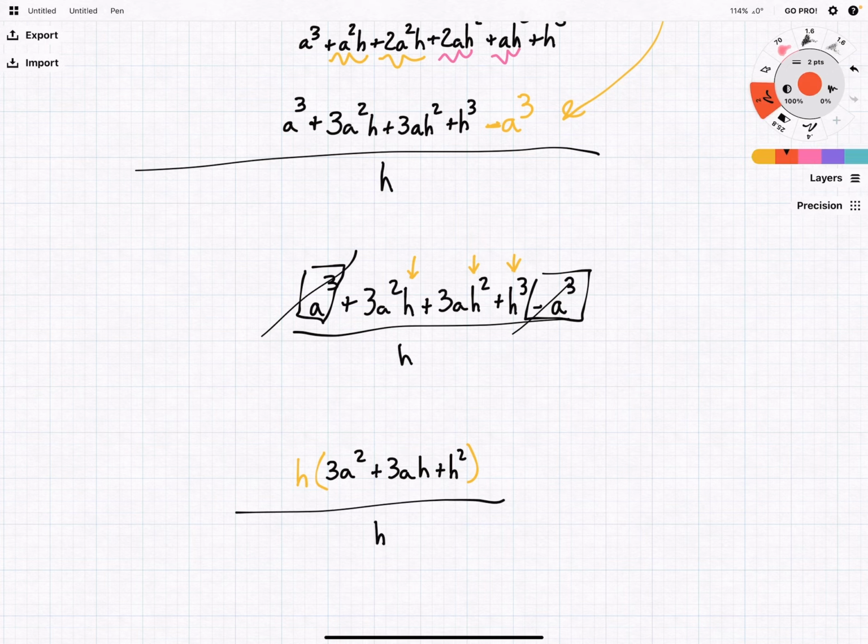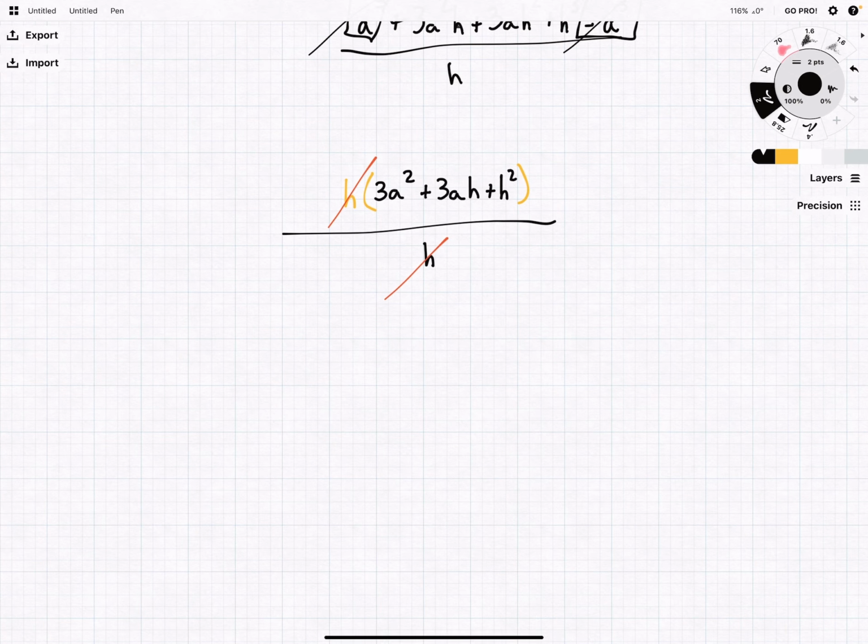And so luckily, right, the h's cancel. And we are left with 3a squared plus 3ah plus h squared. And that is our final answer.